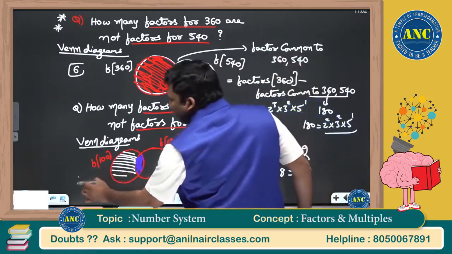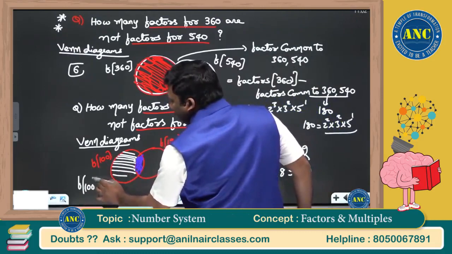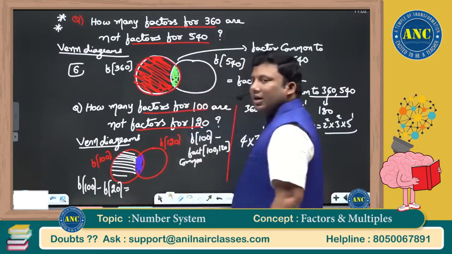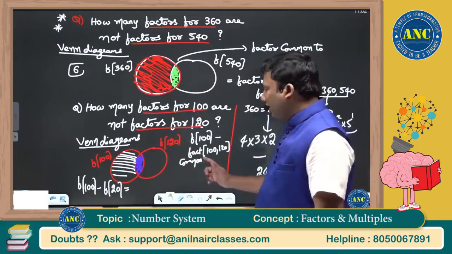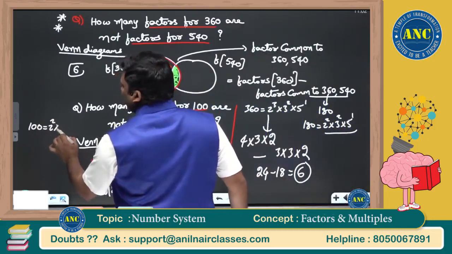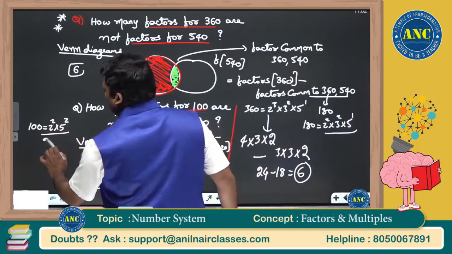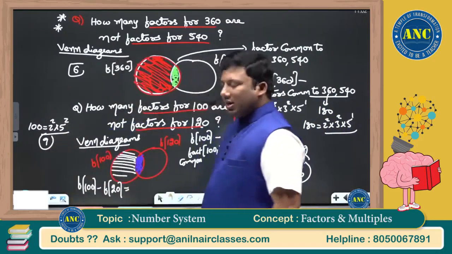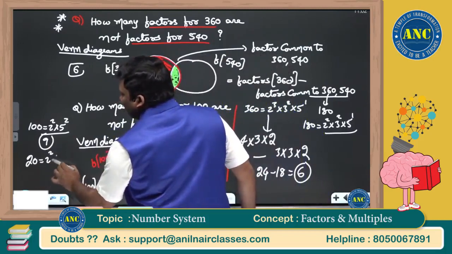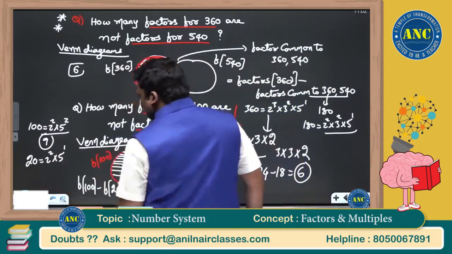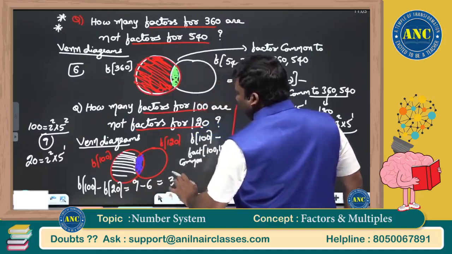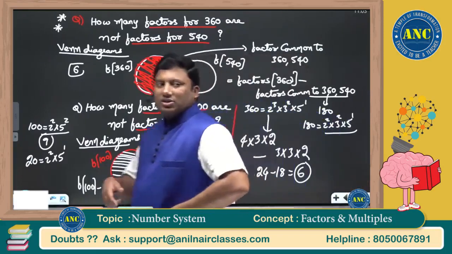So the answer is factors for 100 minus factors for 20. 100 is 2 square into 5 square, so 3 into 3, it is 9. 20 is 2 square into 5 power 1, so 3 into 2, 6. So 9 minus 6, it is 3.